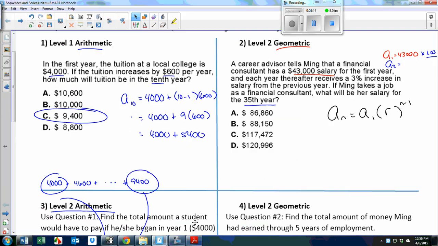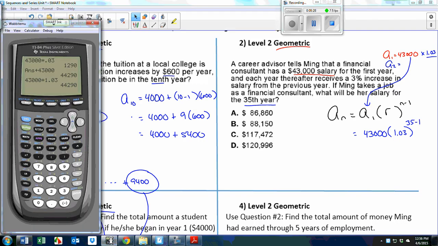So take the calculator and take your first year, 43,000, times the r, which is 1.03, to the 35 minus 1. Her 35th year will be 43,000 times 1.03 to the exponent 34, making 115,471.92.